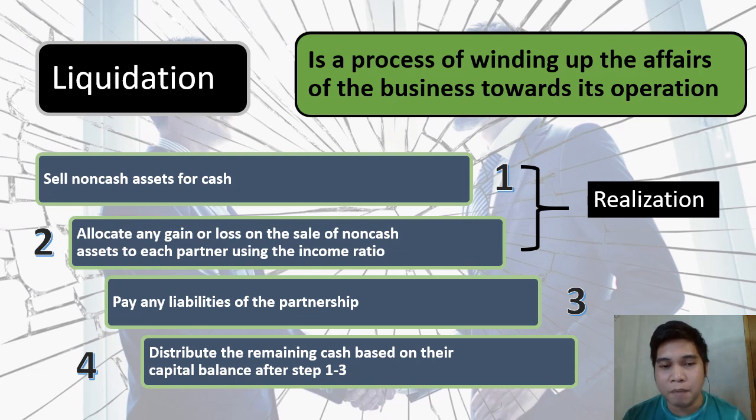Pero kapag smooth lang ang liquidation process, ito lang po yan. Number 1, sell non-cash asset for cash. Number 2, allocate any gain or loss on sale of non-cash asset to each partner using their profit and loss ratio. Then number 3, pay any liabilities of the partnership. And number 4, distribute the remaining cash based on their capital balance after doing step 1, 2, and 3.